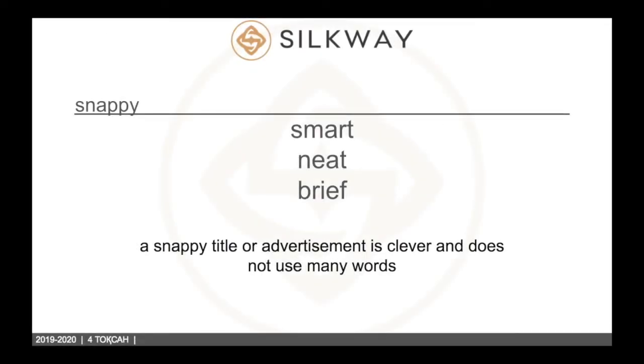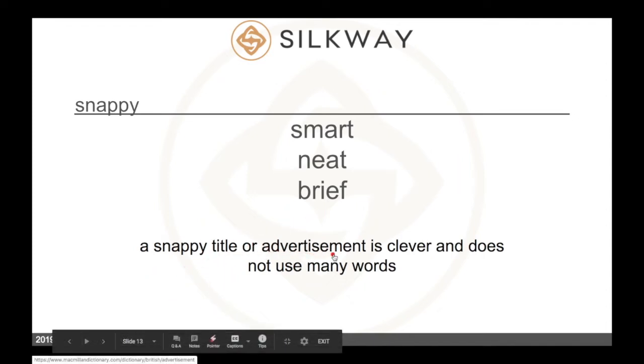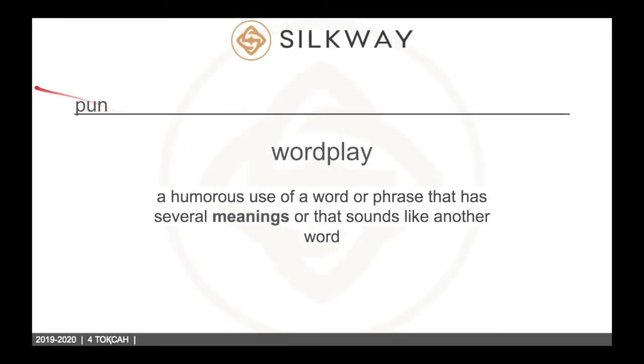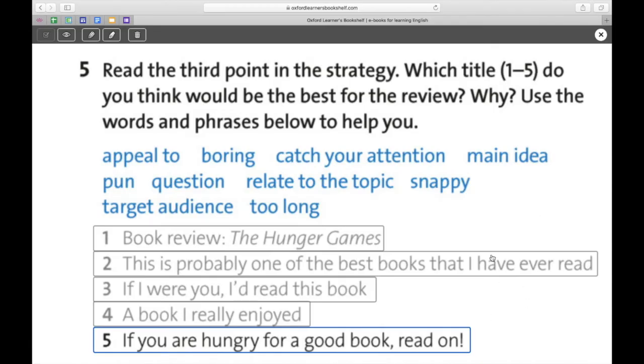Snappy means smart, neat, and brief. So a snappy title or an advertisement is clever and does not use many words. Okay. Pun is a word play, a humorous use of a word or phrase that has several meanings or that sounds like another word.